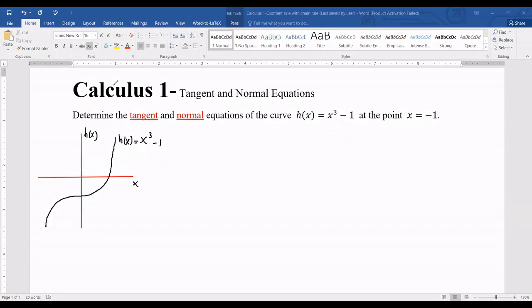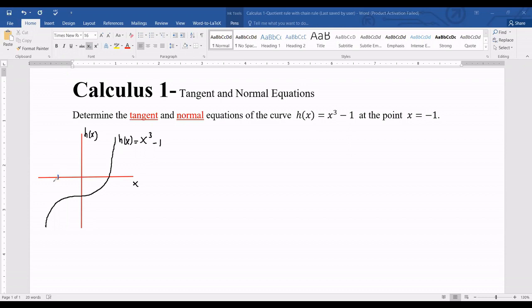Let's now determine the tangent line and the normal line on the given curve at the point when x equal to minus 1. We can determine that point first. So the x is minus 1.